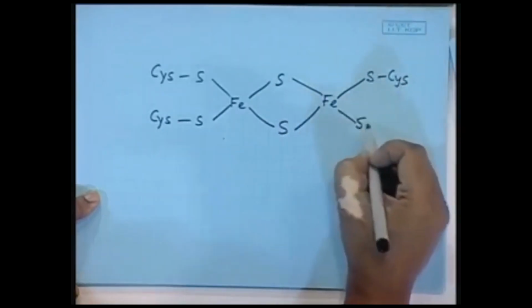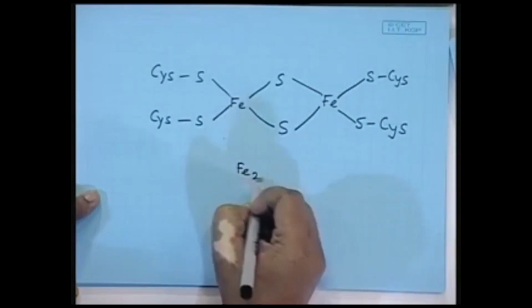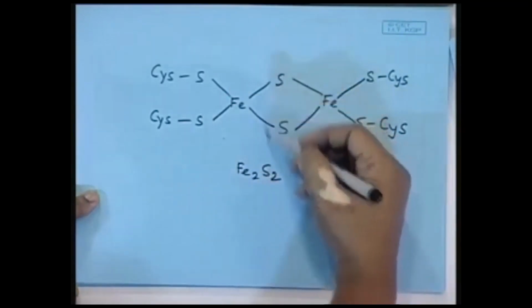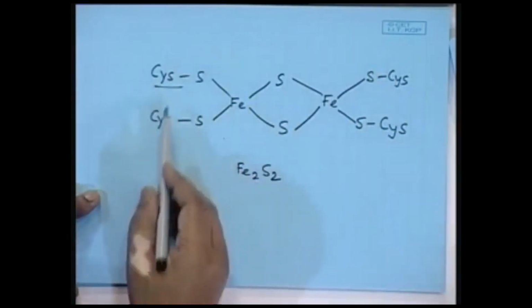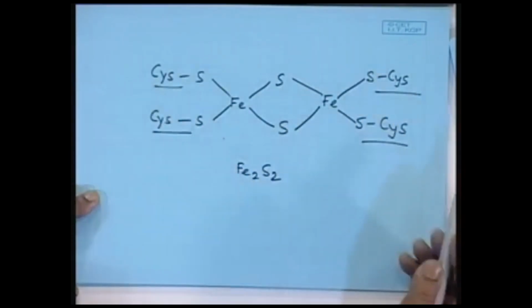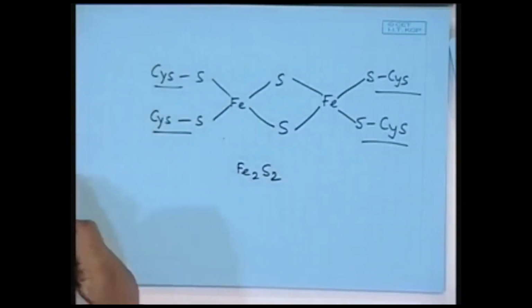So, that is what we are looking at. This would be basically an Fe2S2 system, because you have an additional 2 sulfurs in this case, and the rest are coordinated to the cysteines belonging to the protein that is part of your complex system.